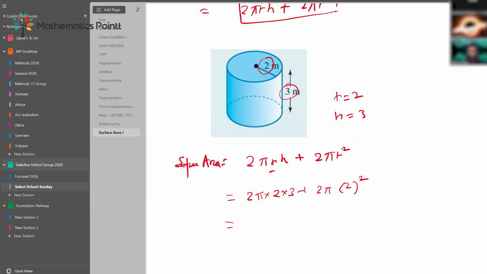So what exactly is this? 2 times 2 is 4, times 3 is 12 pi, plus 2 square is 4, 4 times 2 is 8, 8 pi. So 20 pi meters square is my answer. That's how easy and how simplified it can be.